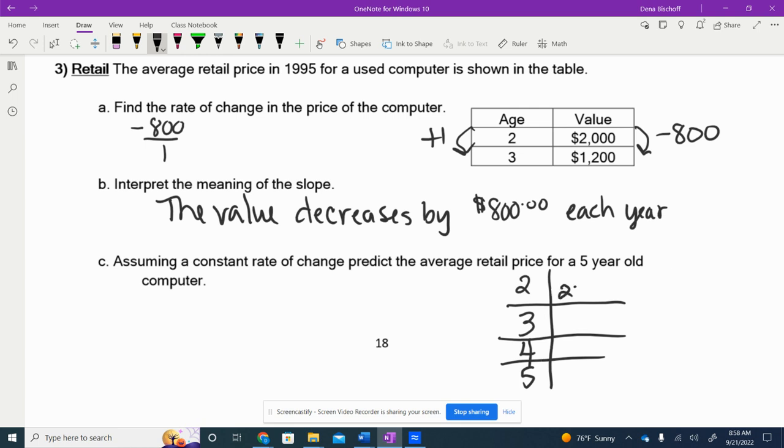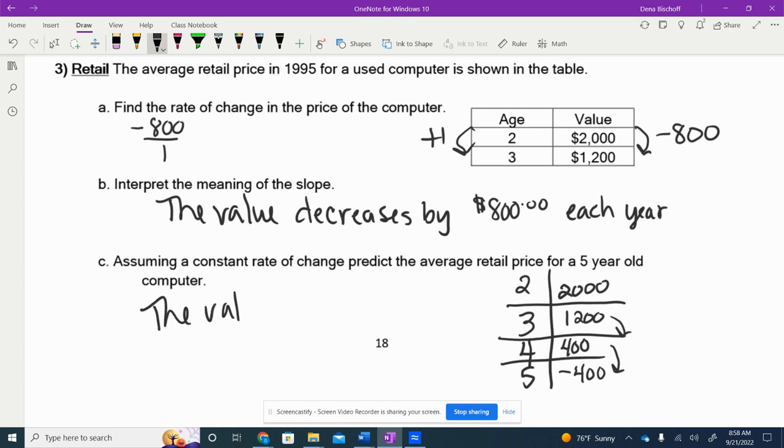So if it started at 2,000 and it decreased by 800 and it became 1,200, and then I decreased it by 800 again, what's the value? 400. So if I decrease it by 800 again, how much is my computer worth after it's 5 years old? Negative $400.